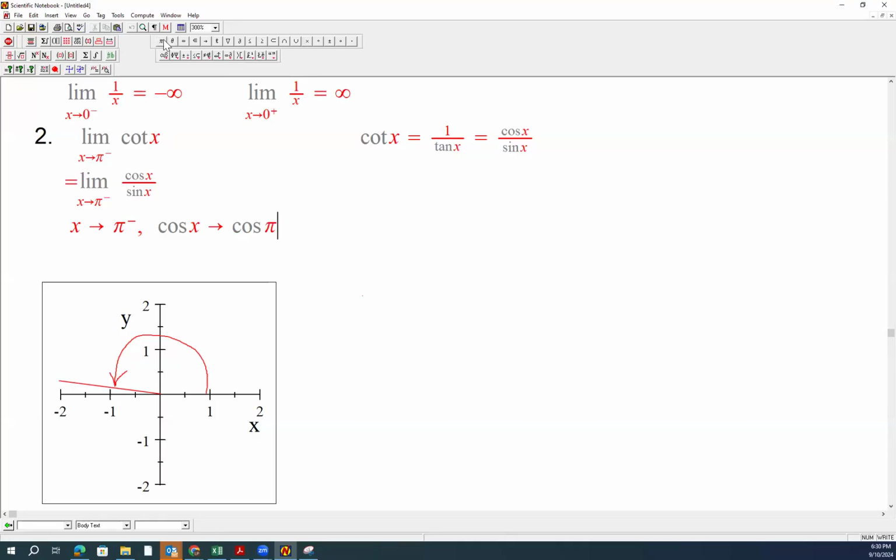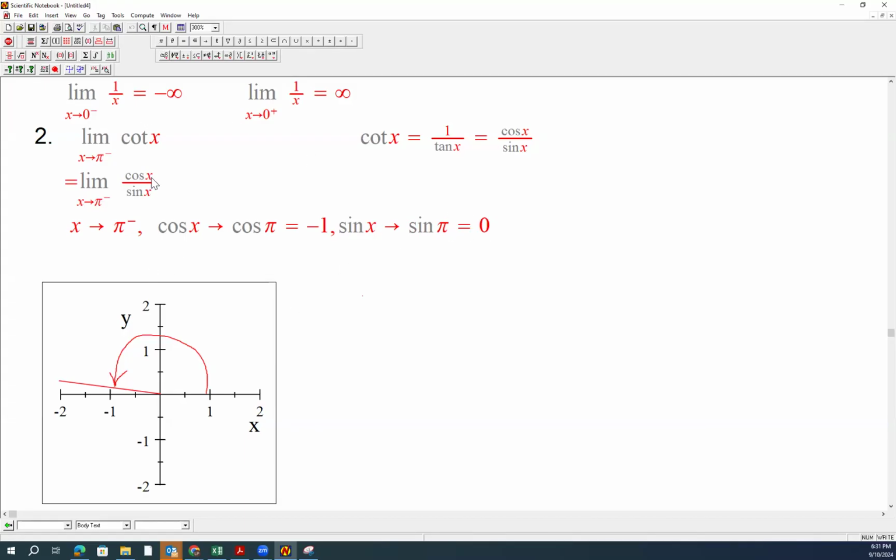How about sine? Sine approaches sine pi, which is 0.